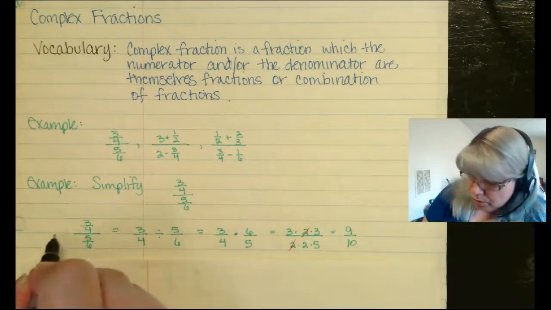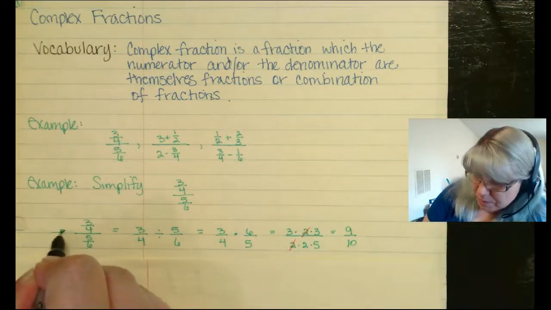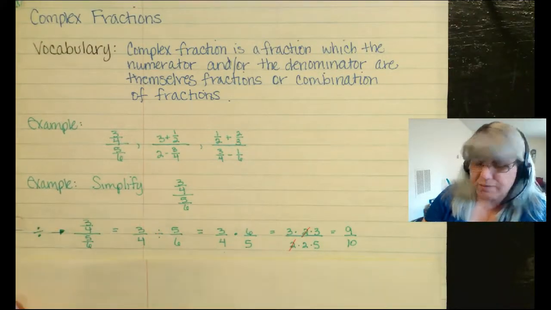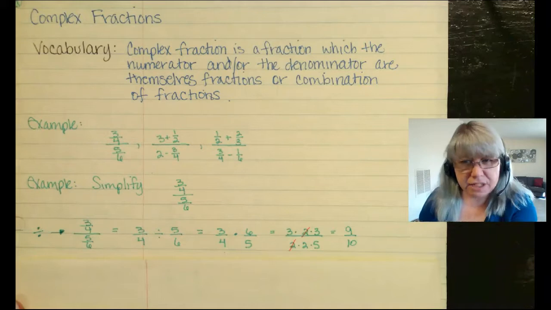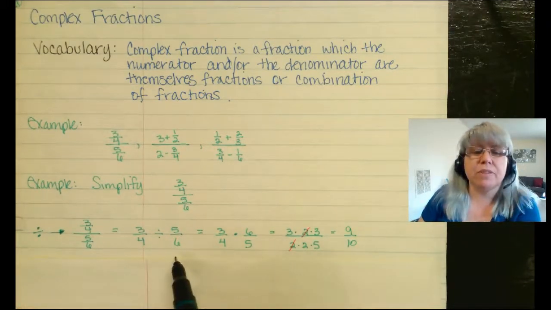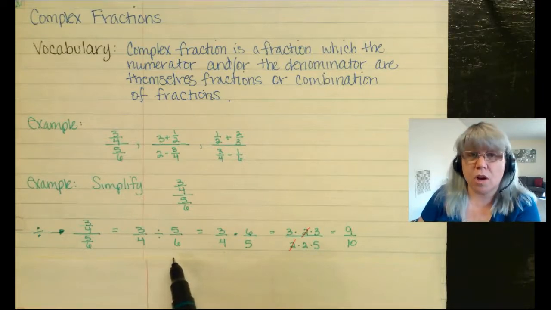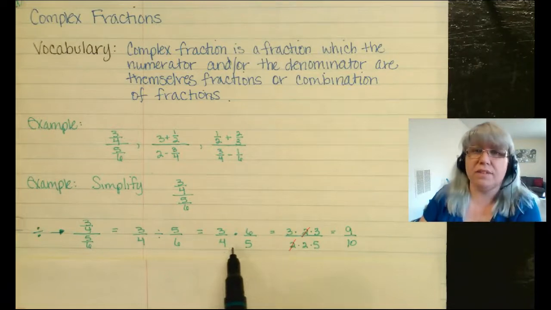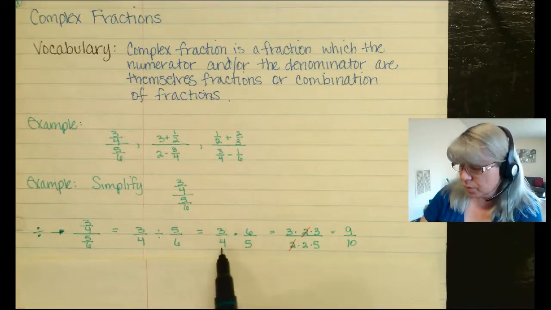What we can do at this point is this big fraction bar in the middle is division. So we really have a division problem here. 3/4 divided by 5/6. Now we can use our rules of fractions and division to multiply by the reciprocal of the second fraction. So 3/4 times 6/5.